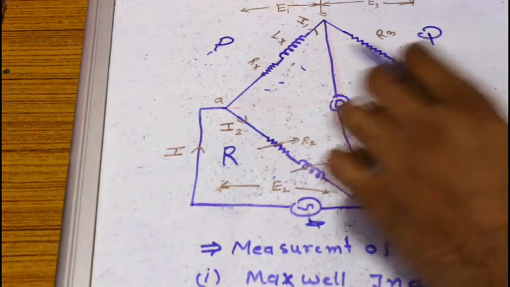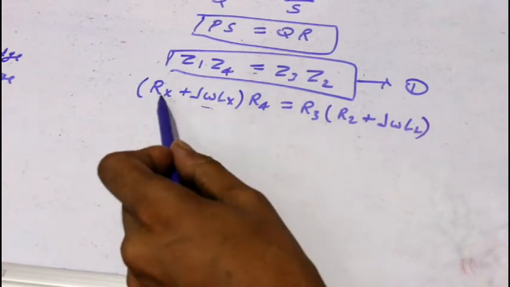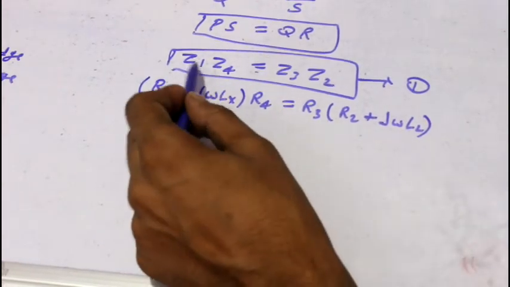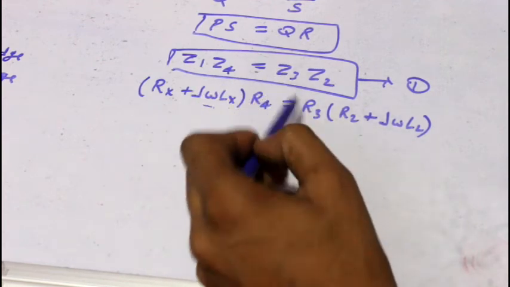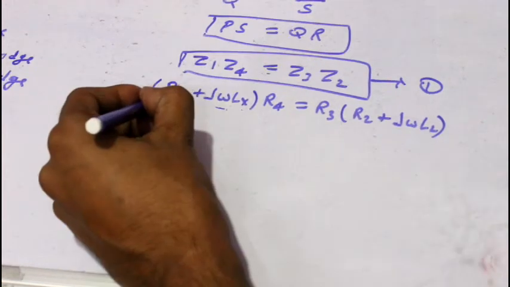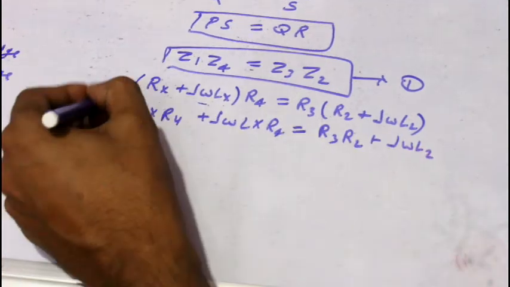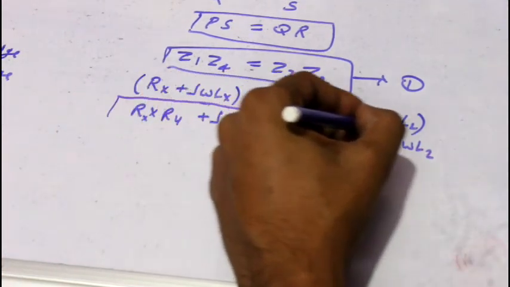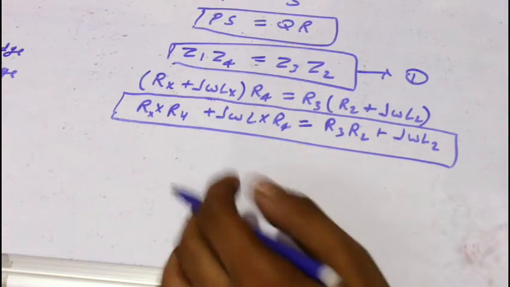Z1 is Rx plus j omega Lx, Z4 is equal to R4, Z3 is equal to R3, and Z2 is equal to R2 plus j omega L2. Now multiply this. This is the equation. From this equation we have to separate the imaginary and real parts.